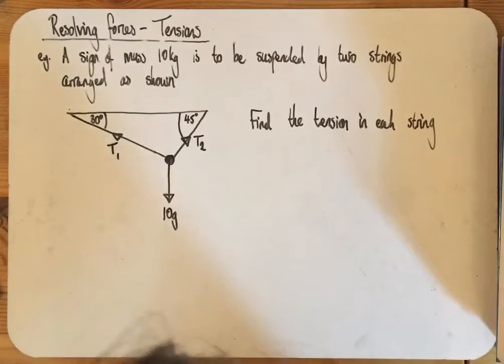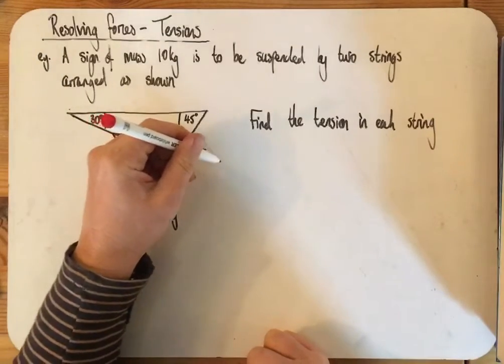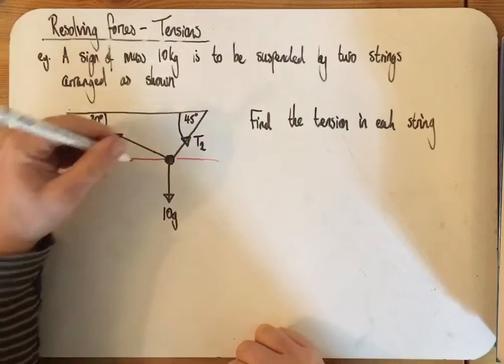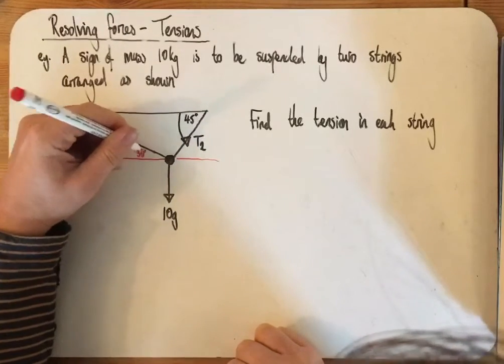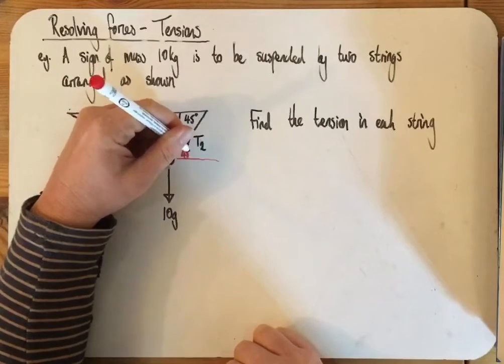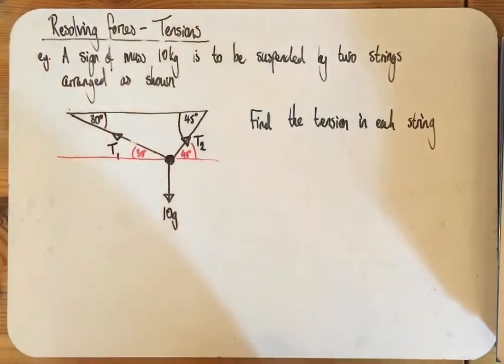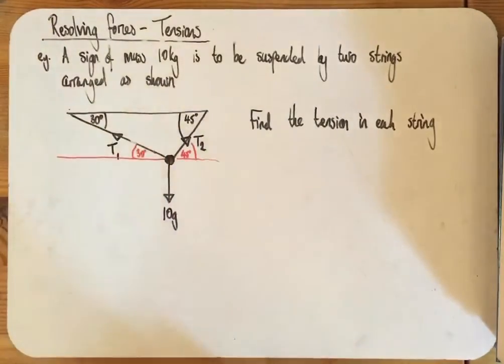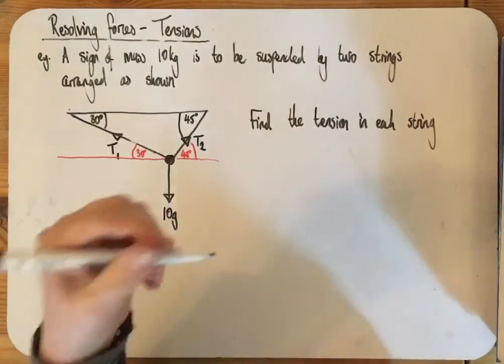What I would personally do with this, because I just find it easier, is draw in a horizontal here, and then you've got a Z angle there, so that's 30 degrees, and that's 45 degrees sitting in there, and then you've just got everything neatly arranged around this centre point. So we're expecting two simultaneous equations because we've got two unknowns.